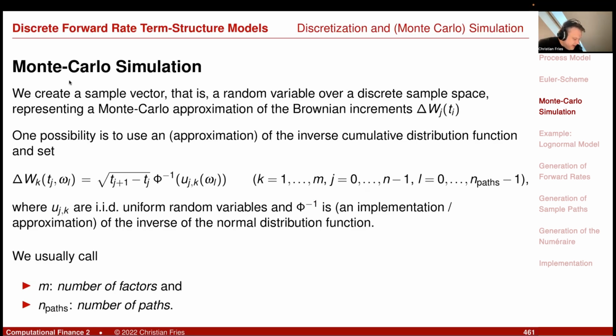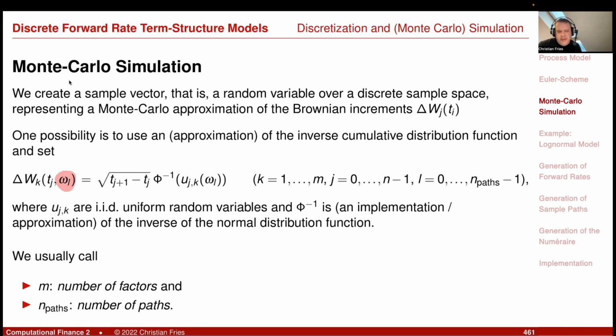So to generate these, I would like to generate samples of this random variable. So now I have a vector. So it's a delta W_k, k from 1 to m, my m factors, observed at a certain time t_j, j from 0 to n minus 1.